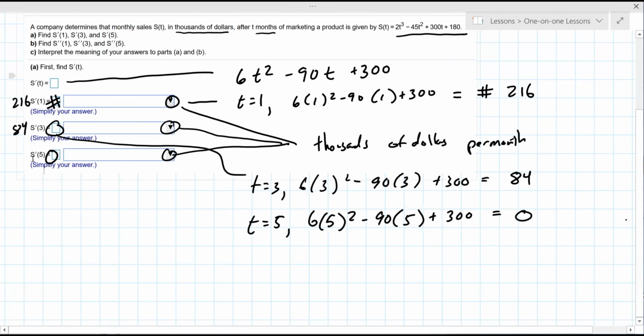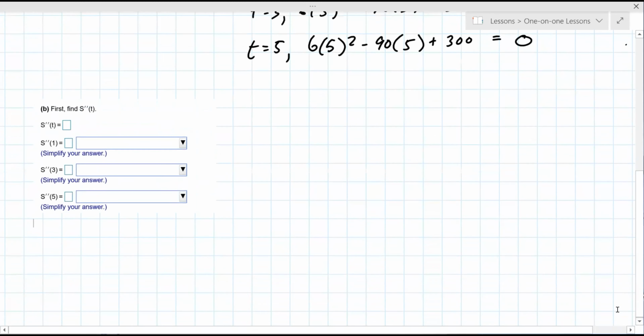Then part B, which I will snip in now, is asking for the second derivative. I know all of them aren't like this where they're multiple steps, but this one just happens to be. So the derivative was 6t squared minus 90t plus 300. The second derivative is using power rule again.